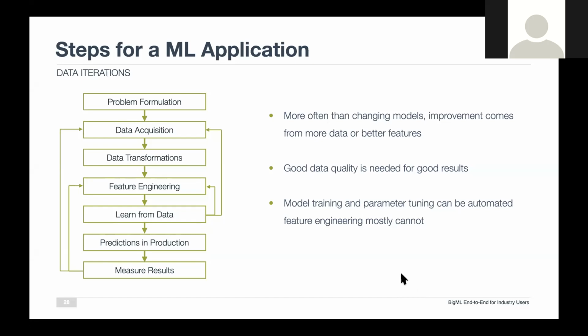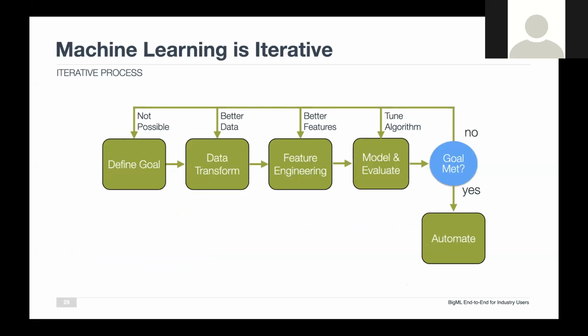I will also show in the demo that it is possible to automate modeling optimization, to pick the best model with the best configuration. However, it's difficult to automate feature engineering, which usually requires expertise in the domain and also in machine learning. So here's another picture about the iterative process.